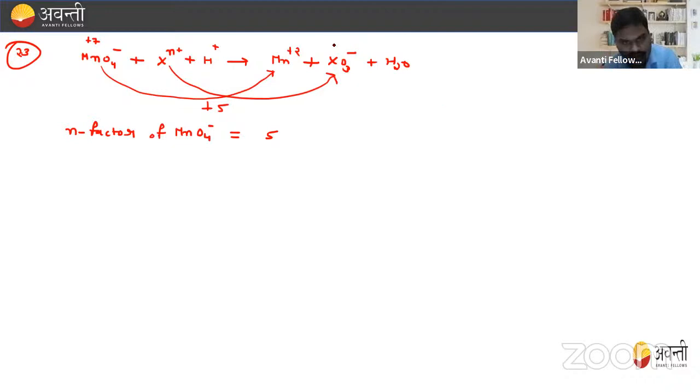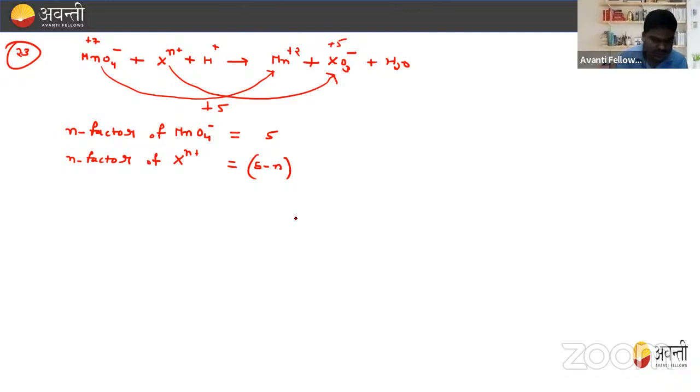Here the oxidation state is +n and here the oxidation state is +5. So 5 minus n. The n factor of MnO4^- is 5. The n factor of X^n+ is nothing but 5 minus n, simple.